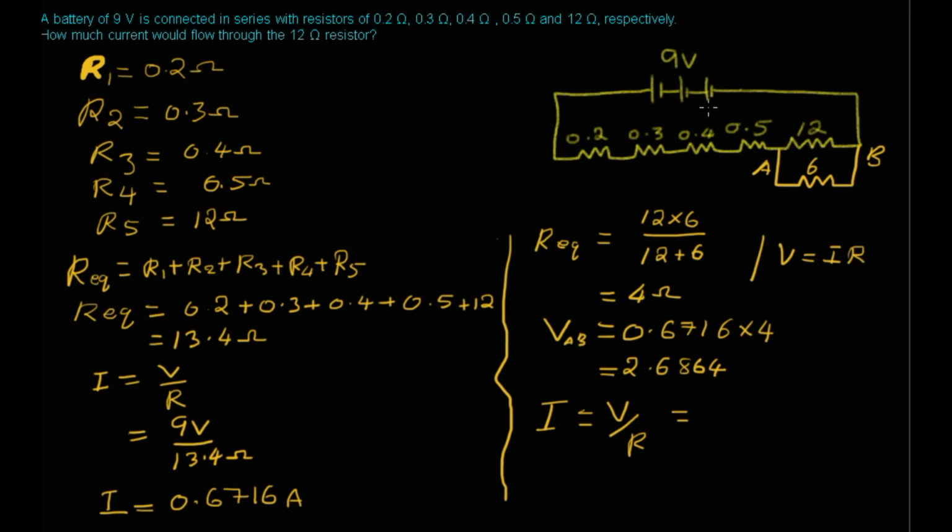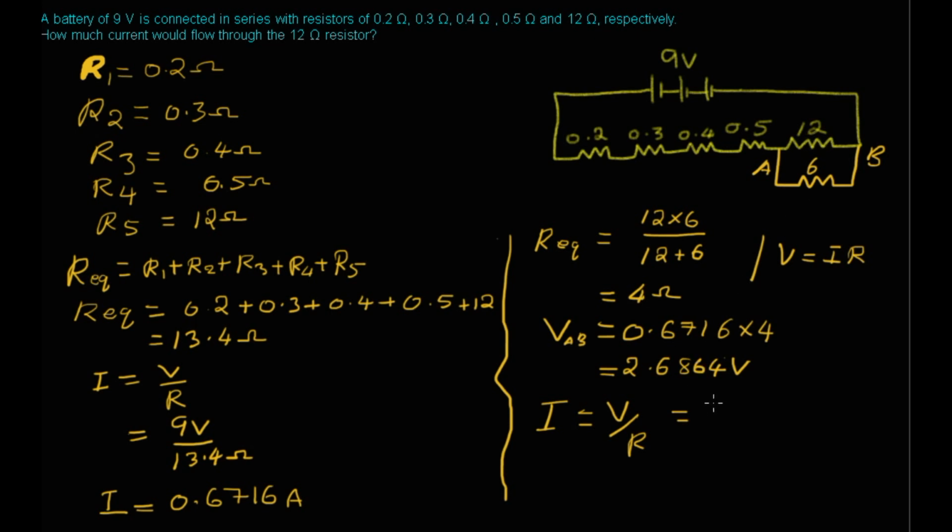We cannot use the 9 volt here because this voltage is dropped across different resistors, and between these two in combination only 2.6864 volt is coming between the 2 points A and B. Only that voltage we have to apply here for finding the current through the 12 ohm resistor.